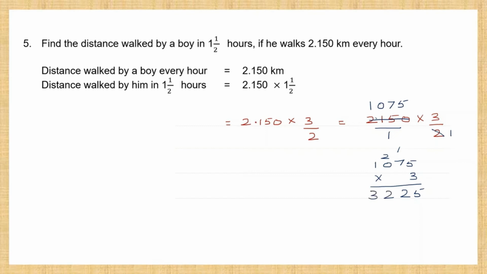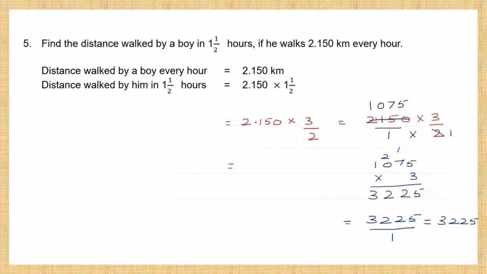So I have got 3,225 as my numerator. Let me write that down. 3,225 as my numerator. Denominator 1 into 1 is 1. So this number 3,225 will be the same. Okay, now let me go back to my answer here that I'm solving.